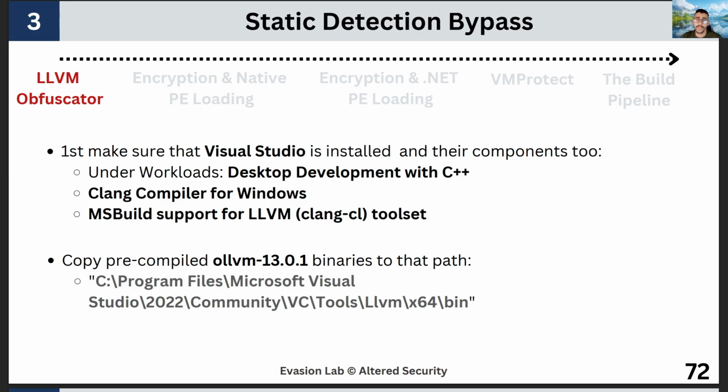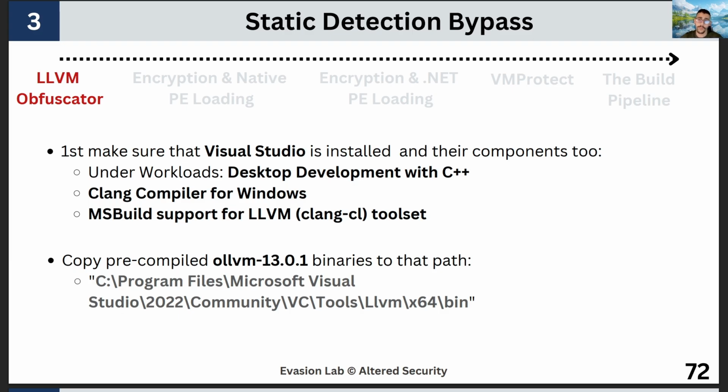Second, open the Visual Studio installer and modify your installation to include desktop development with C++ under the workloads, and under individual components, add the Clang compiler for Windows and MSBuild support for LLVM Clang-CL toolset.